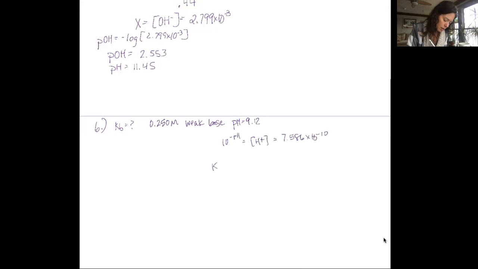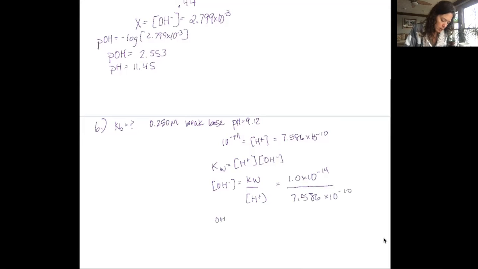I know that Kw equals H times OH, and therefore OH equals Kw over H. That's 1.0 times 10 to the negative 14th over 7.586 times 10 to the negative 10th. The hydroxide ion concentration must be 1.3 times 10 to the negative 5th.